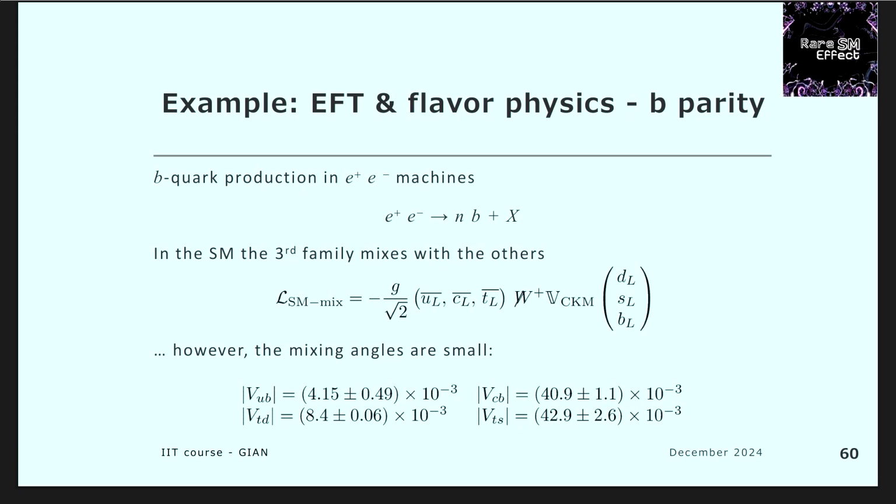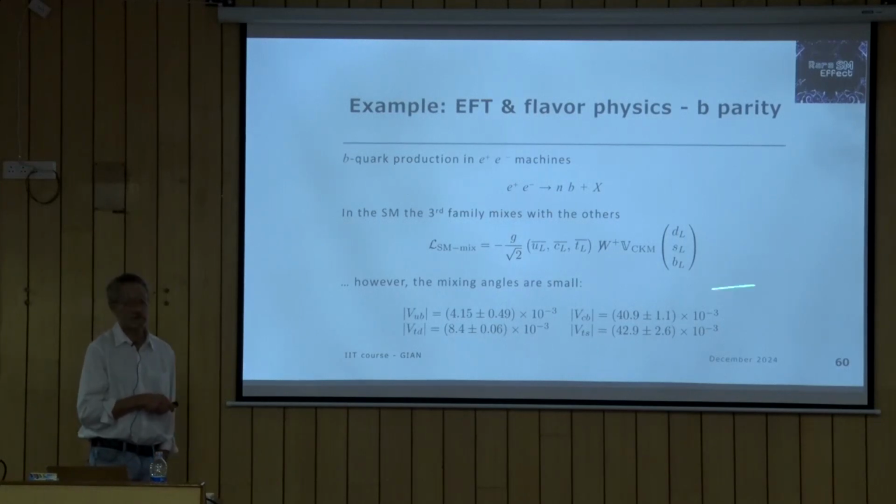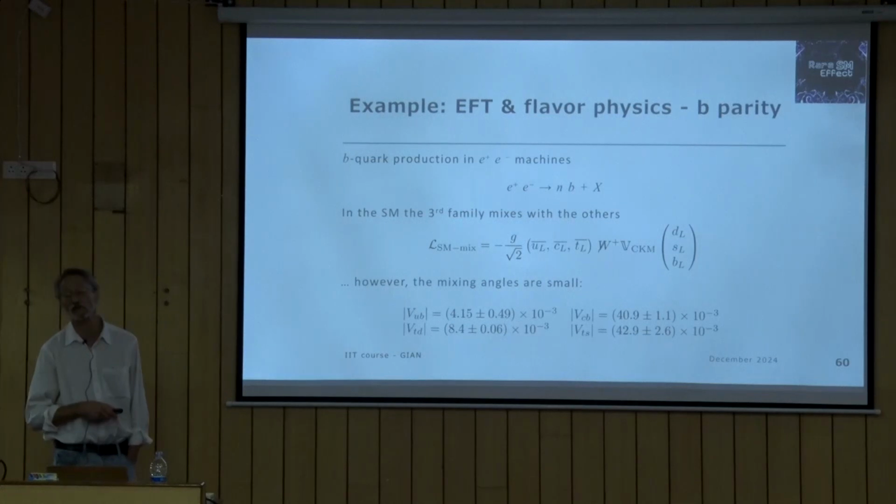in the standard model, the third family mixes with the others, and there's a point to saying this. However, the mixing angles to the third family are small. These numbers might be updated. These are relatively old numbers, but they will not change in order of magnitude.